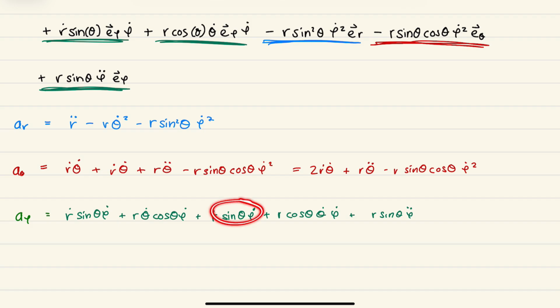And since we have this one twice and this one twice, we can simplify again, which gives us 2 r dot sine theta phi dot plus 2 r theta dot cosine theta phi dot plus r sine theta phi double dot.